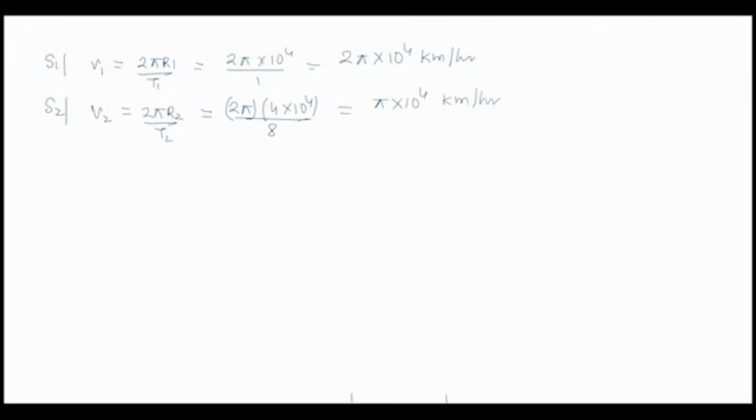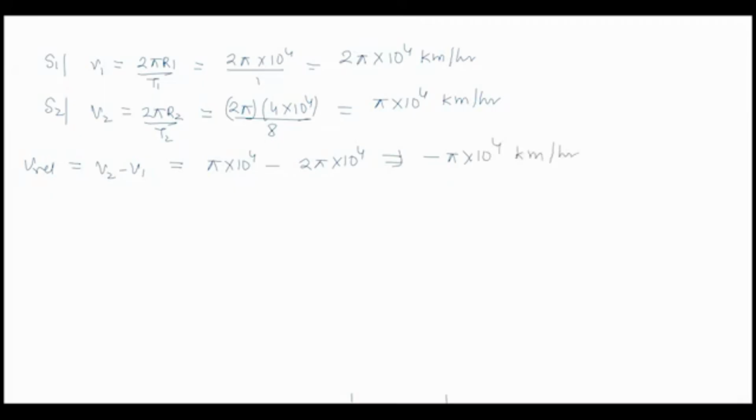Now the speed of satellite S2 relative to S1 is V2 minus V1, which we refer to as V relative. So it is pi into 10 to the power 4 minus 2 pi into 10 to the power 4, which equals minus pi into 10 to the power 4 kilometer per hour.